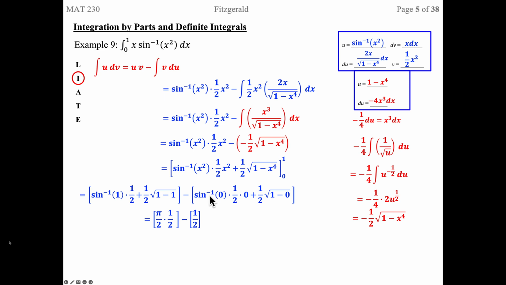We don't even have to worry about evaluating the inverse sine of 0 because we multiplied by 0. 1 minus 0 is 1, square root of 1 is 1, so plus 1/2 is left over in my bracket, so minus the 1/2. Multiply those two together, pi over 4 minus 1/2 is our answer, or if they want a decimal response, that's my approximation.